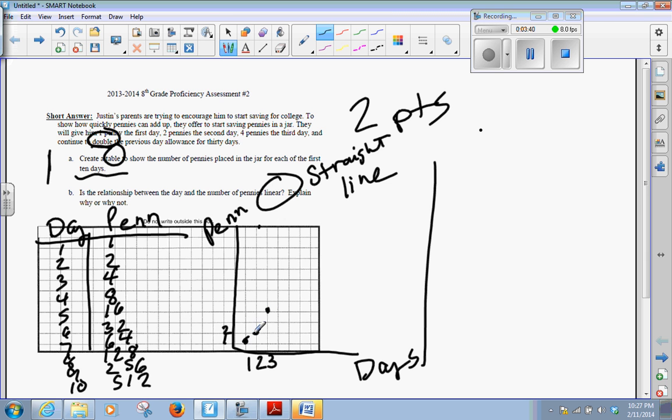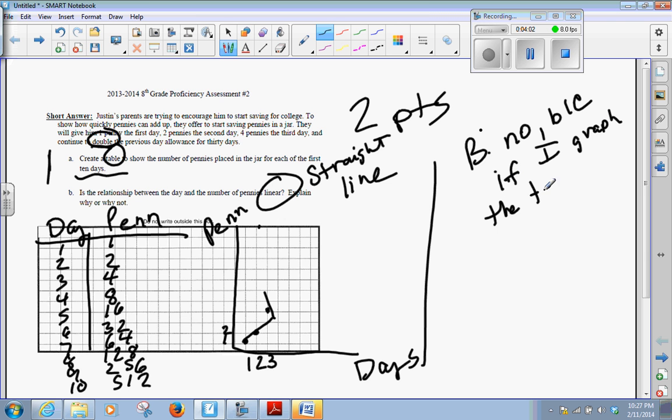Okay, notice already just at day 3, I can see that if I start graphing those, this is not going to be linear. So for part B, I could have said no, because if I graph the table, it won't form a straight line, which would make it not linear.